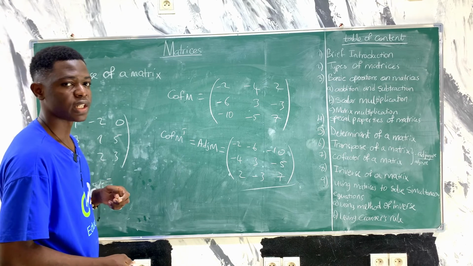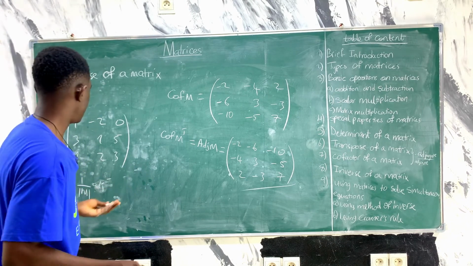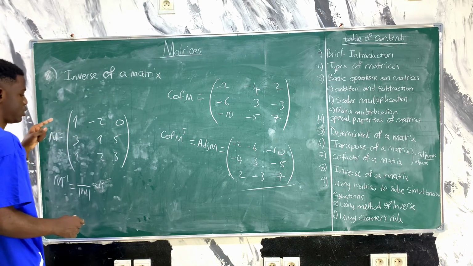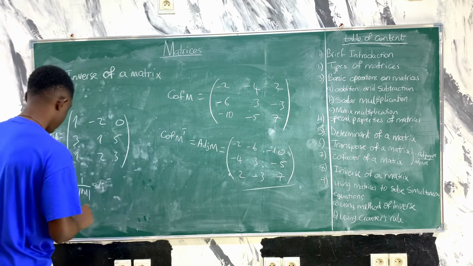So what is the determinant? We definitely need the determinant to find the inverse. What is the determinant of this matrix?